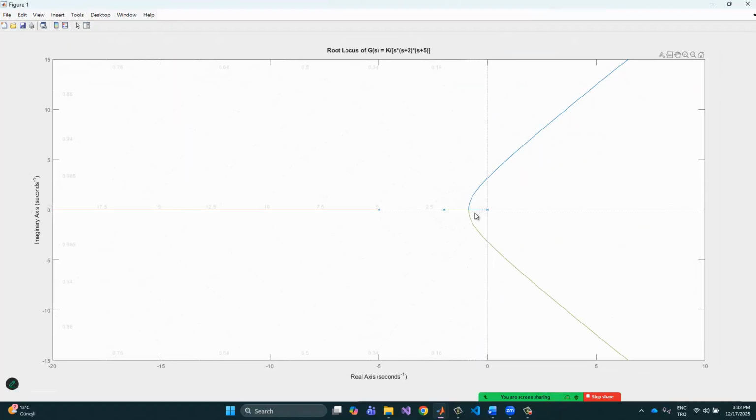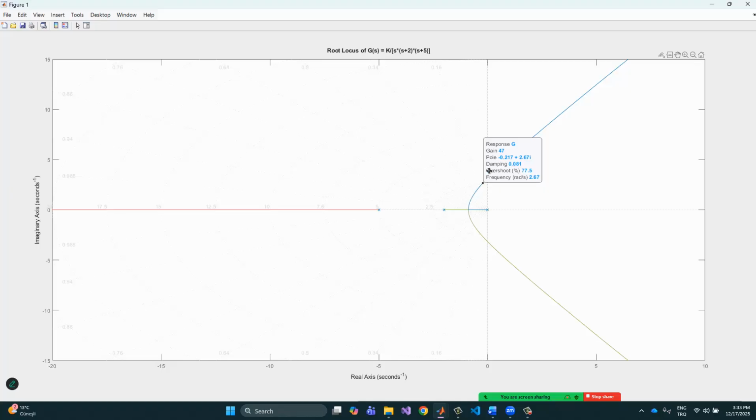In this case, we can analyze any point from this root locus, because this blue line, green line, and red line are the root locus lines, which means that we can reach these poles by choosing different k values in the unit feedback system.